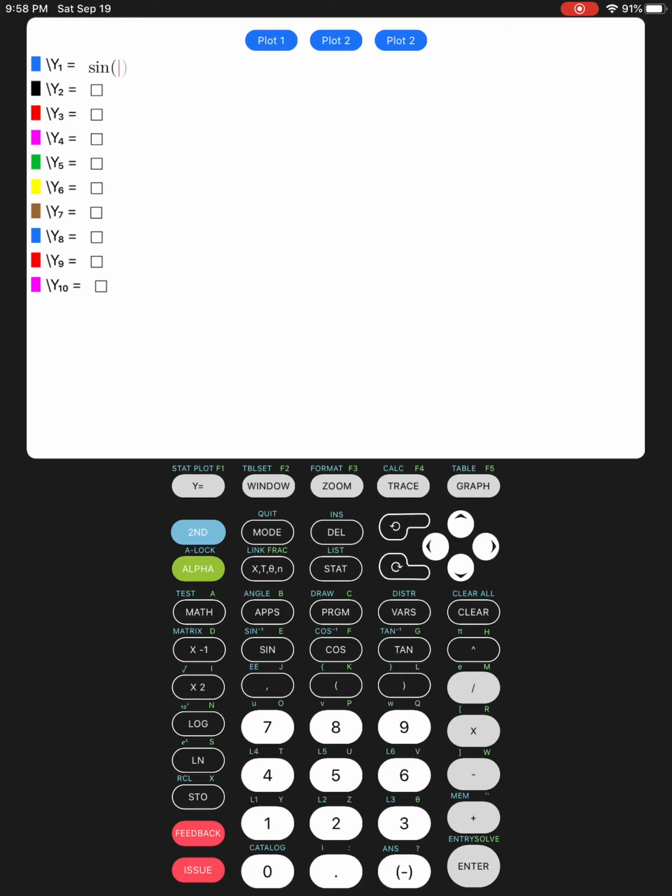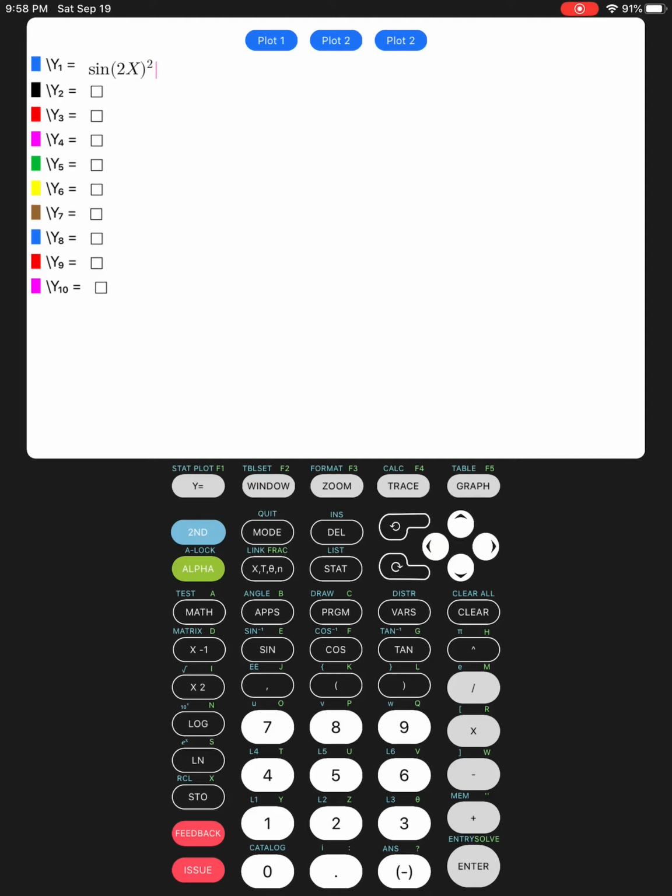So sine of, what did it say? 2 theta, which again, we're going to turn the thetas to x's. And then we want to square that. The calculator requires a little different notation than we usually use, but that's just the limitation of calculators.